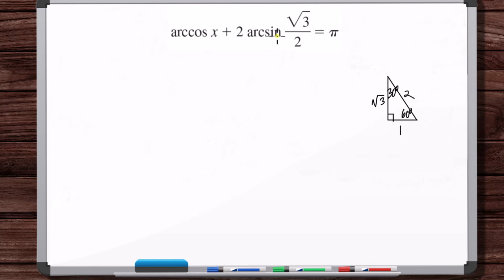And so for arc sine, we're thinking about the first quadrant as far as a positive number. So what is 60 degrees in radians? That's pi over 3.